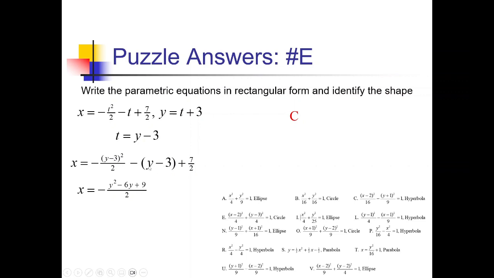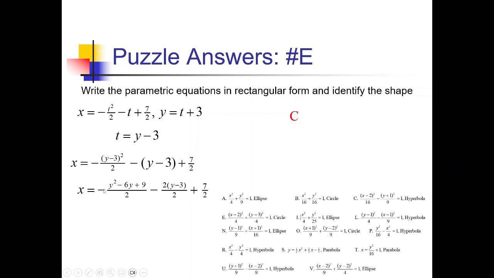For this next term, if I'm going to move this into one fraction, I need the same denominator. So I'm just going to multiply this second term by 2 over 2 in order to get a denominator of 2. And I'll worry about distributing that in a minute. And then the 7 over 2 already has the same denominator, so I'm just going to leave that as is. Let me distribute now.